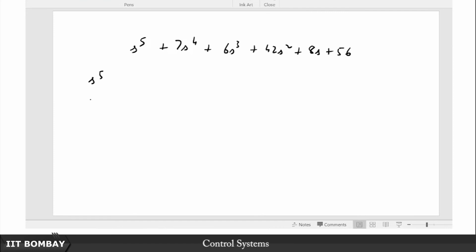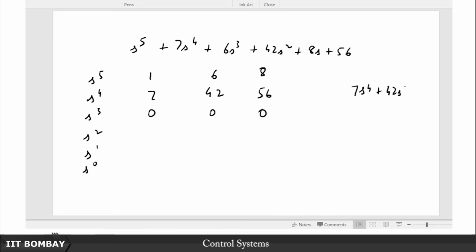So if you want to cook this up now: s to the 5, s to the 4, s cubed, s squared, s to the 1, s to the 0. So this is 1, 6, 8, 7, 42, 56. And then we encountered this row of zeros where we thought the case was hopeless. But now we are going to differentiate this: 7s to the power 4 plus 42s squared plus 56. We are going to take the differentiation of this and use that to fill up this row of zeros.